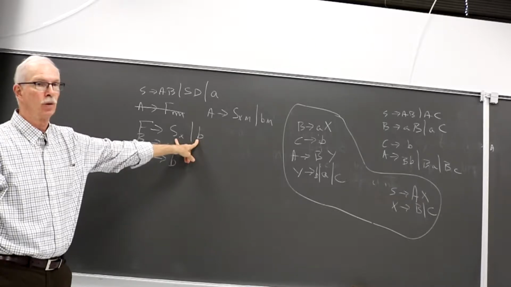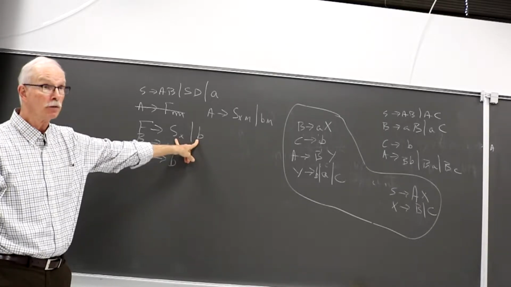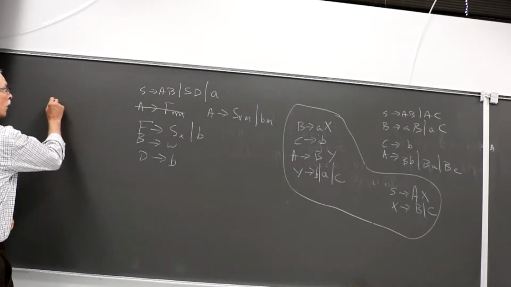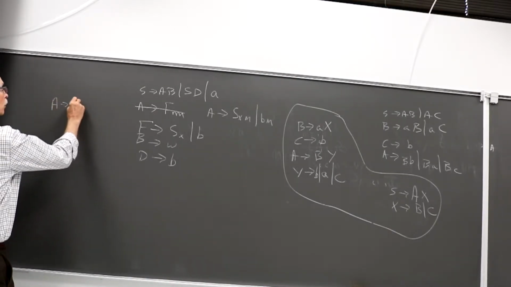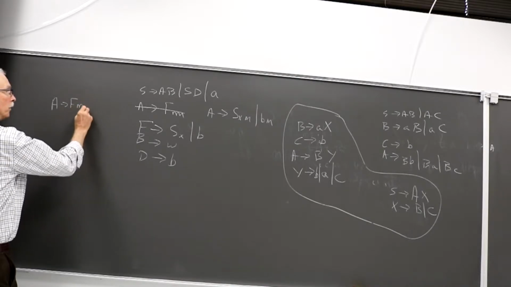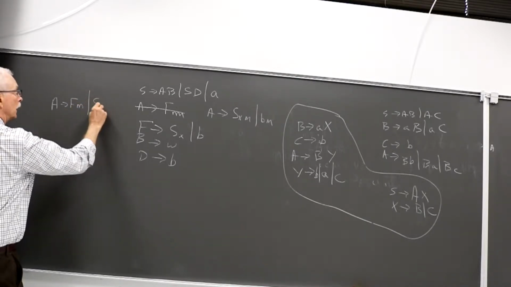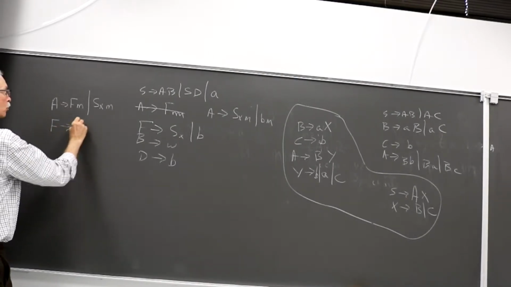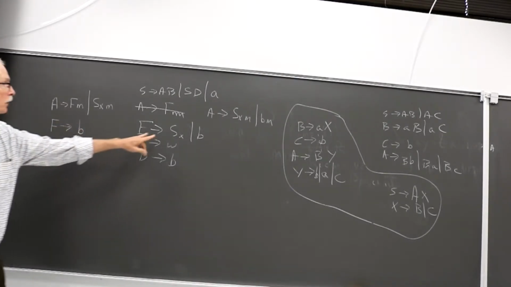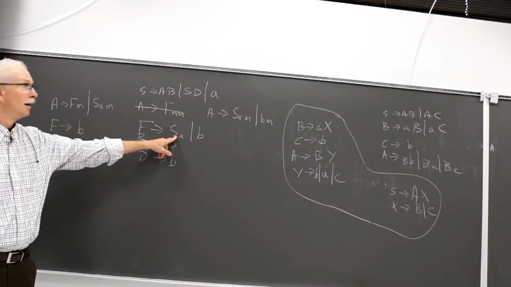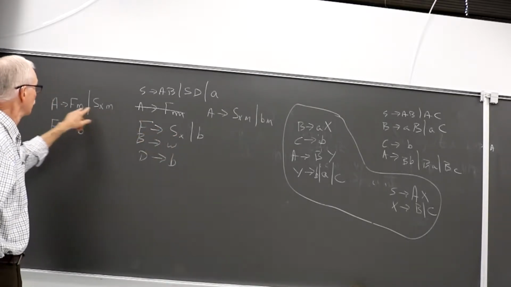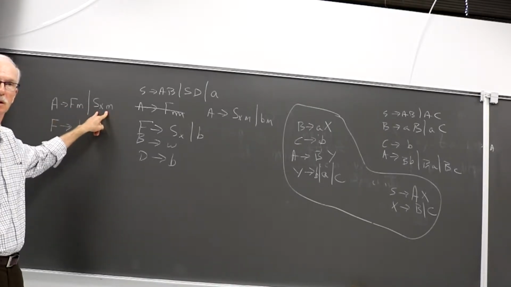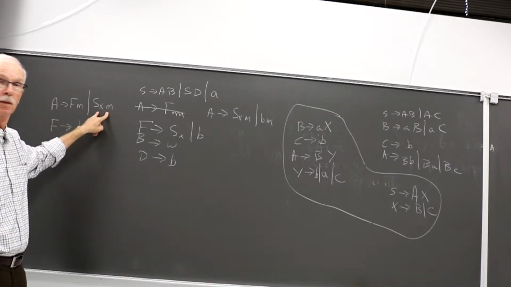Or I can't throw away F. Now I do have a choice on that. I could write it as A goes to FM or SXM and keep F goes to B. So I just put this one in. But if I just put this one in, then I got to keep the original one and add this one. So I got a choice.